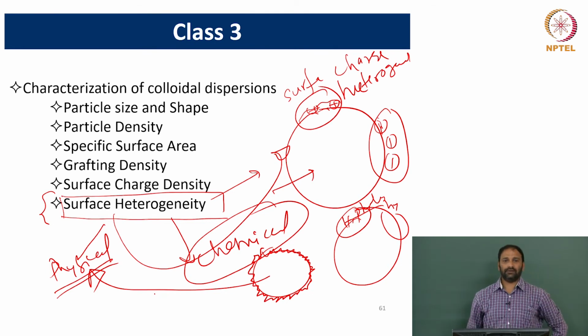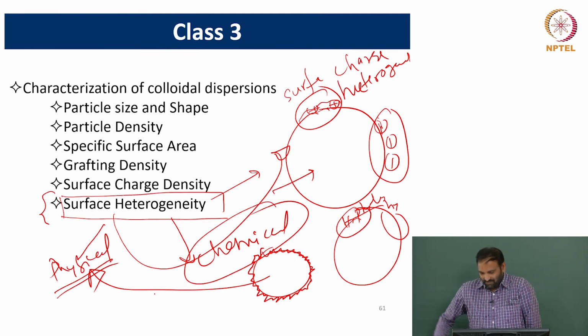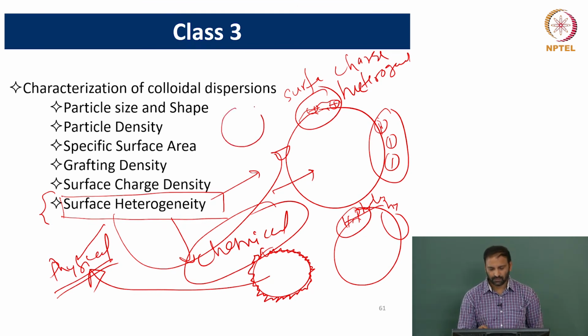Yeah, go ahead. Maybe I'll talk a little bit about that in the next class. What he's trying to say is that I can have a particle where some part of the surface has some chemistry, and another part has some other chemistry.